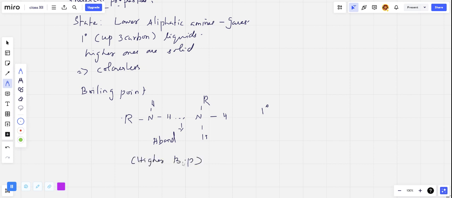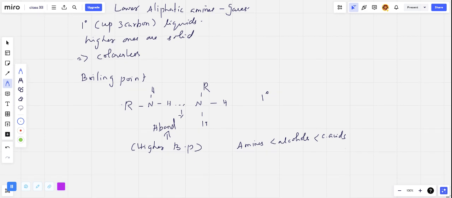But amines have a lower boiling point compared to alcohols or carboxylic acids. It is higher because of H bond, but its boiling point will be lower than that of alcohols and carboxylic acids. So this is the boiling point.